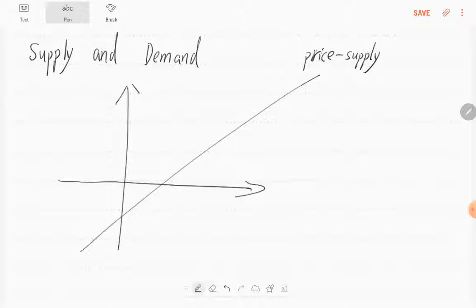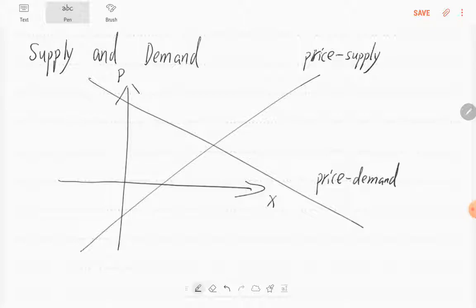If you have another line, which is called the price demand relation, you can see the horizontal line is the x-axis, which is the quantity of the products, and the vertical line is called the price, right?